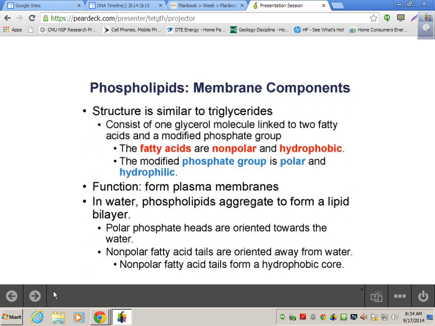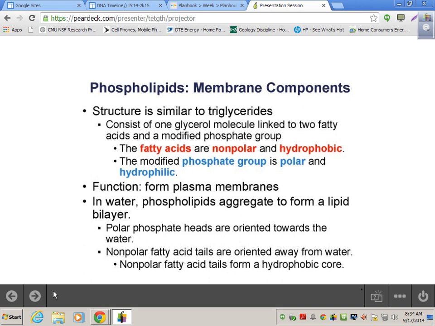So it's the phosphate group, right? Okay. So if phosphates have a negative charge, that means they're going to be attracted to water, which makes them hydrophilic. Sorry, my brain's not working right. So, you get it now?